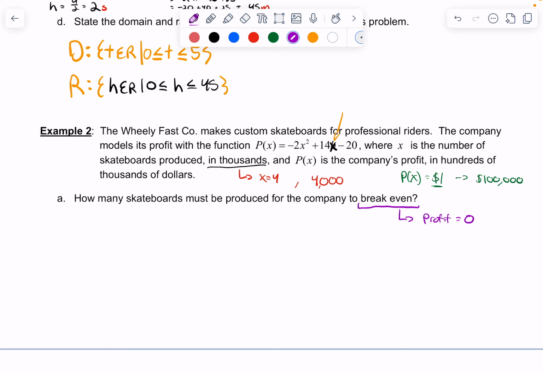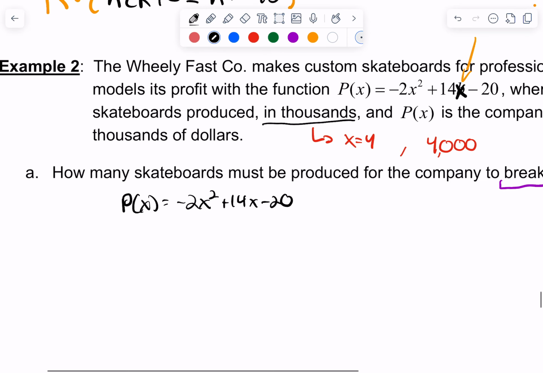So in the context of this problem, this is when P of x equals 0. So if we have our P of x equation, P of x is minus 2x squared plus 14x minus 20. Again, replace that b with that x. Well, we're setting our profit to 0 because we're looking for when it's break even, and we're looking for the x values that would make the left-hand side 0.